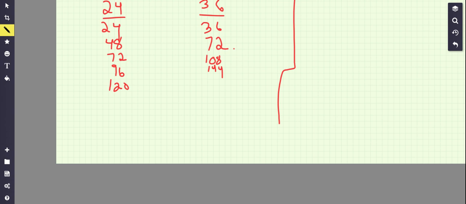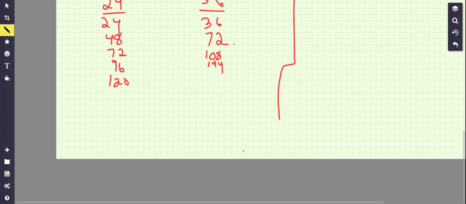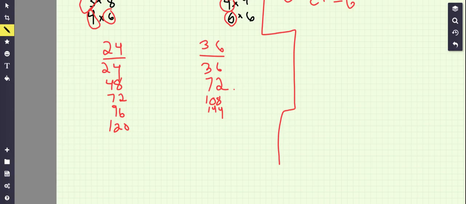Then 36 times 5 is 180. I already know there's 1, 2, 3, 4, 5, so I'm going to multiply by 6 next. That gives 144. There we go. Find a common multiple easily: 144.